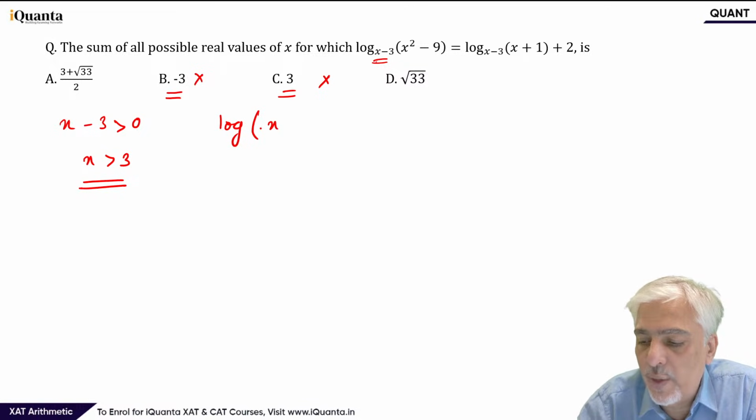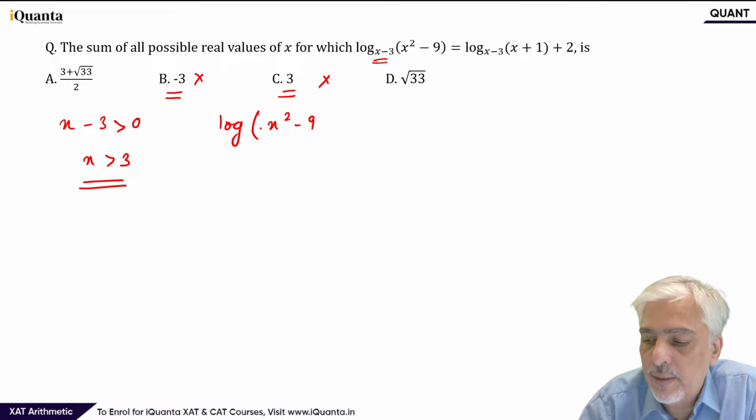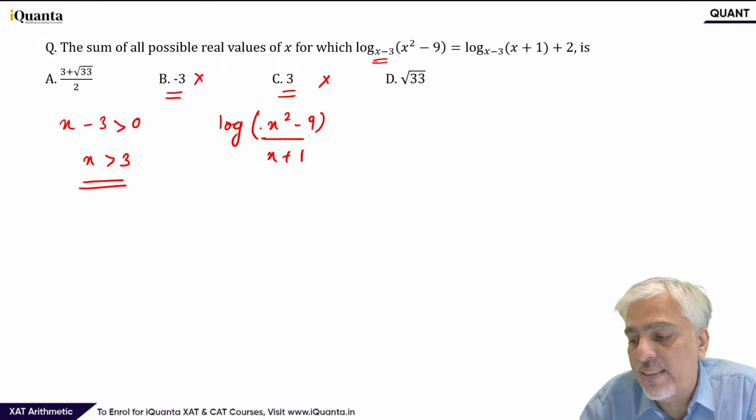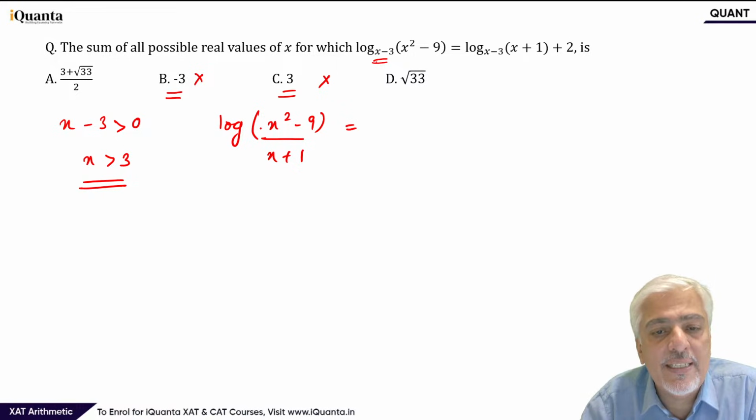Log of (x square minus 9) upon (x plus 1) to the base (x minus 3). So it will go on the other side. It will become 2 log (x minus 3).